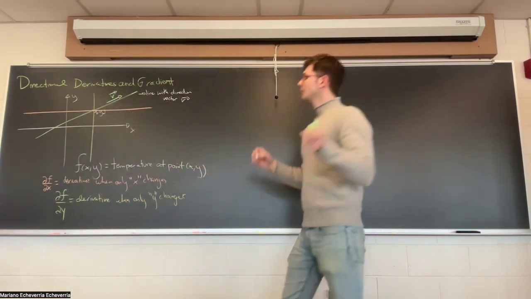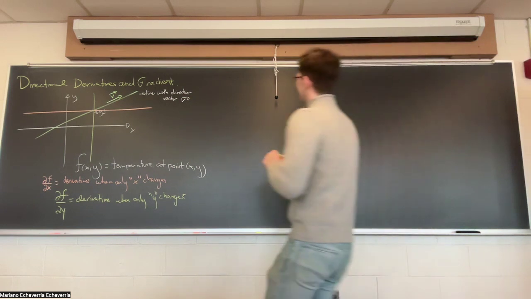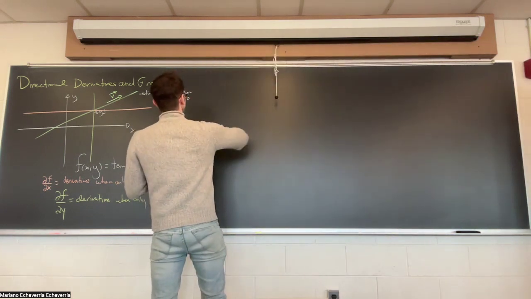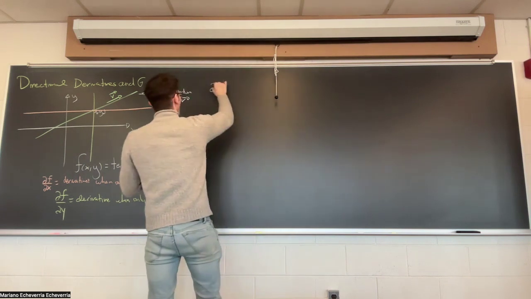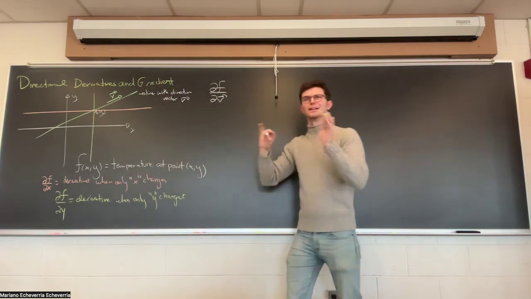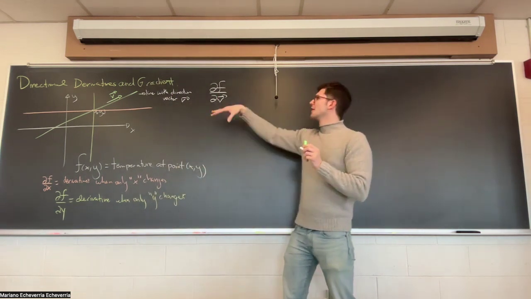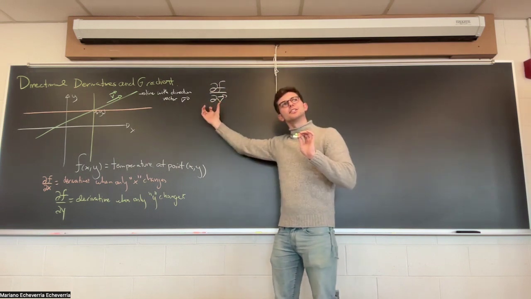And we would like to know how much the function is changing when you move in this direction. This is not the notation that is used, but I'm trying to explain where I'm headed. You want to know how much the function changes in this direction.